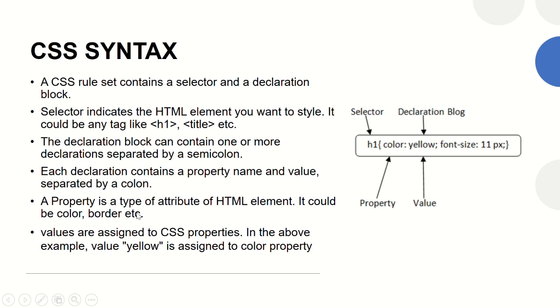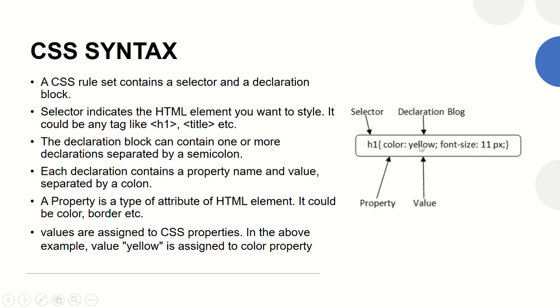The property is a type of attribute of an HTML element. It could be color, border, etc. In this example the property is color, and values are assigned to CSS properties. In the above example the value yellow is assigned to the color property. So this is the property we want to add or change, and what we should give.